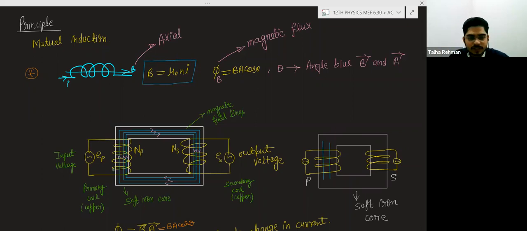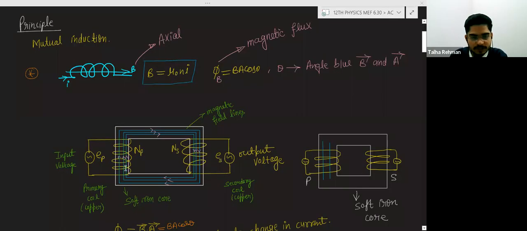Now you will say how this magnetic field... these are the magnetic field lines due to this winding.